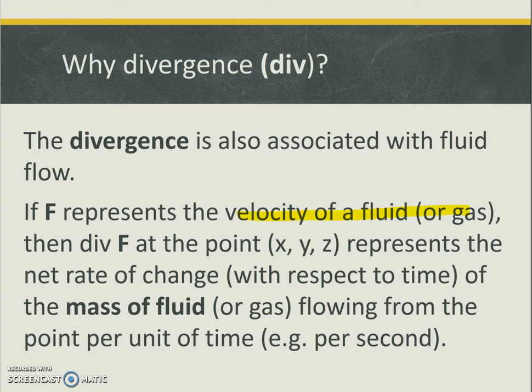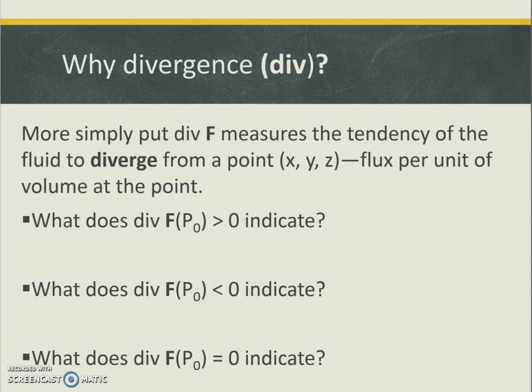So that sounds kind of complicated on the surface, but if we think about it more simply, the divergence of F measures the tendency of fluid to diverge from a point. Or we could think about a flux per unit of volume at that point.